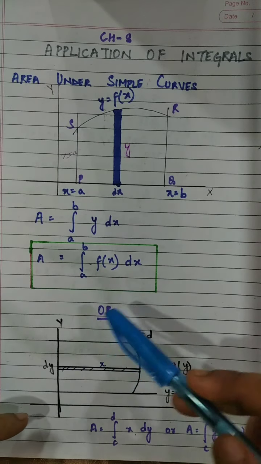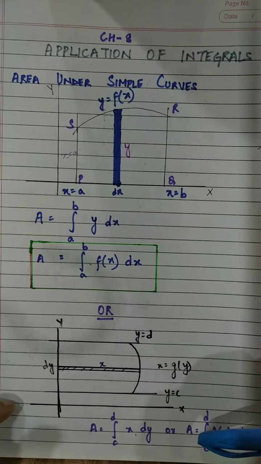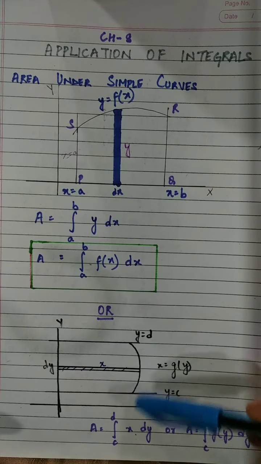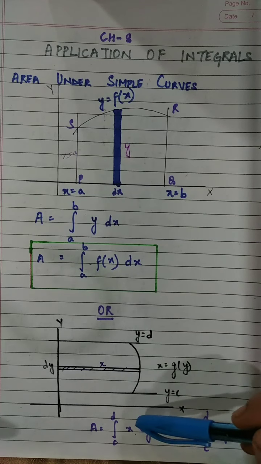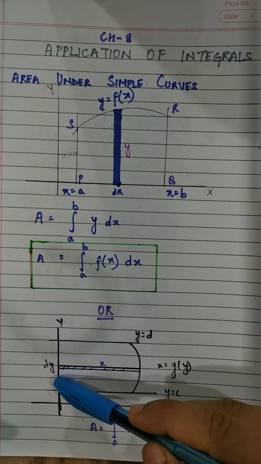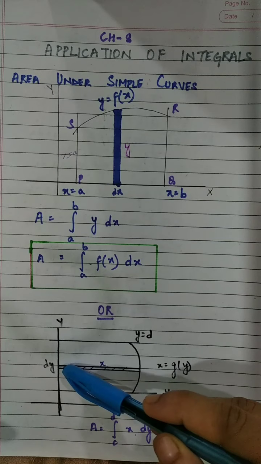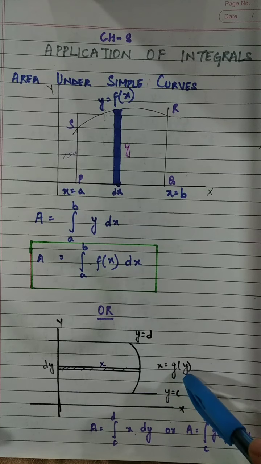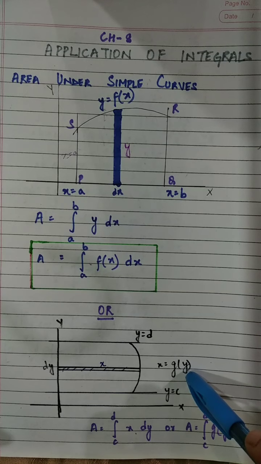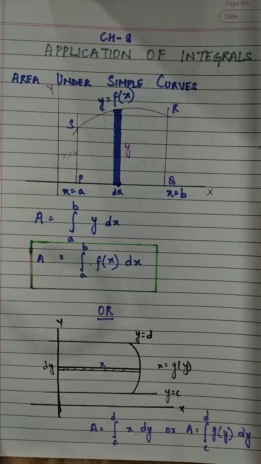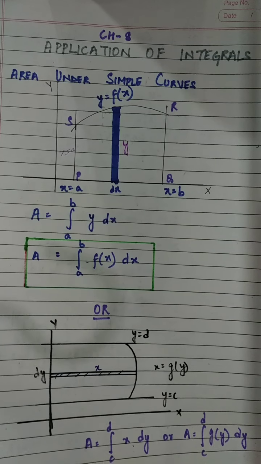So I can simply integrate it from c to d, and here this length is x and this width is dy, so it's x into dy. Instead of this x, I can write a function defined in terms of y, that is g(y) dy, right?